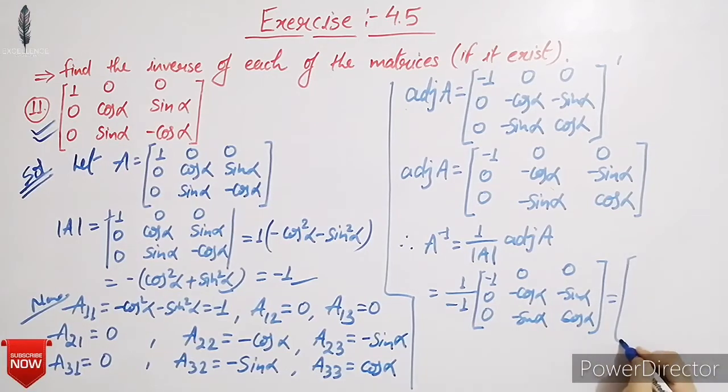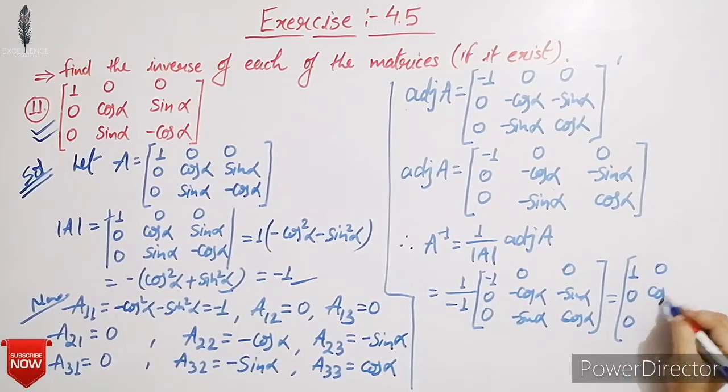That is equal to, on multiplying by minus 1, 1, 0, 0, 0, cos alpha, sin alpha, and 0, sin alpha, minus cos alpha, which is the required inverse of this matrix.